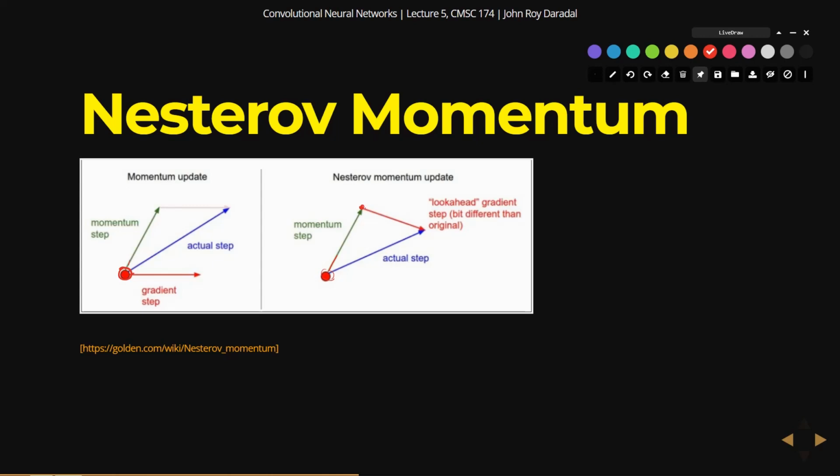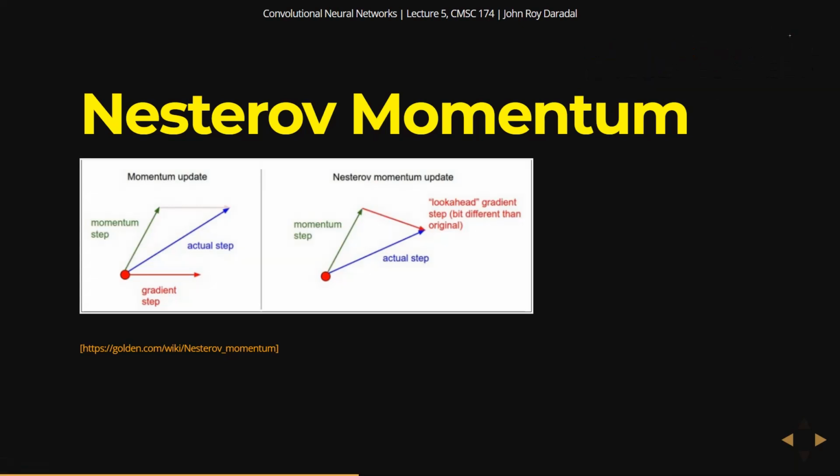So you're doing a look-ahead gradient because you're computing the gradient after applying the momentum step. After doing the gradient here, this is the actual step that we're going to take. It's just a little bit different from the original momentum, but just by doing this, it solves the problem of the original momentum.